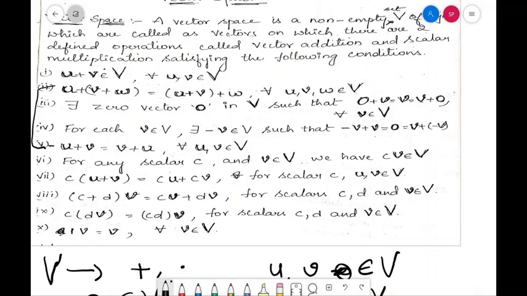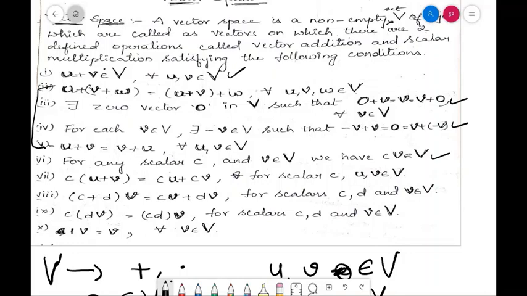And then here I can say there are 10 conditions, but what we have to keenly prove are the first one, the zero vector one, the negative one, and the scalar multiplication.